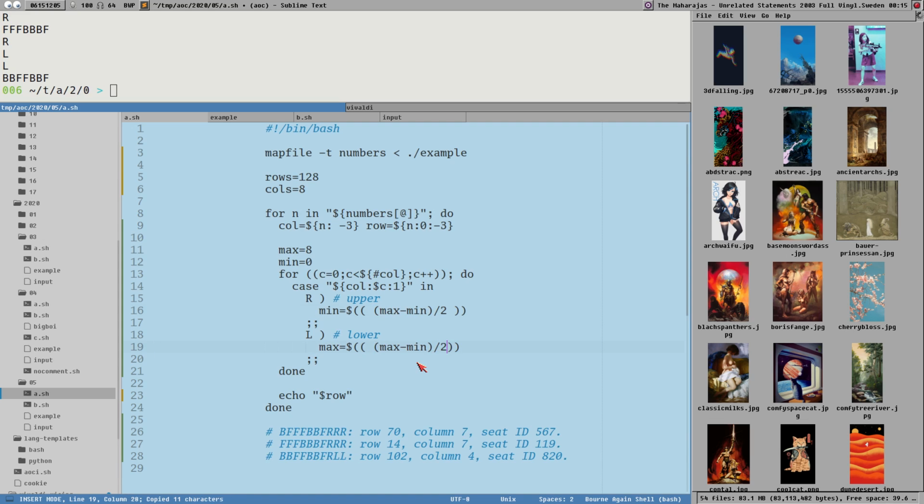I wonder if it's the same thing here. I'm not sure. Max, min, colon m colon or max. I have to do it.